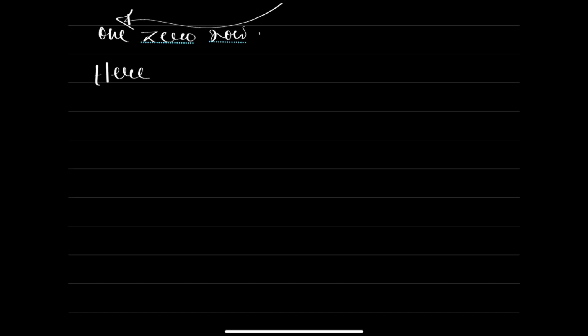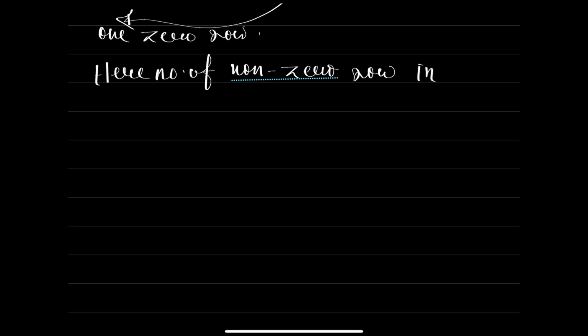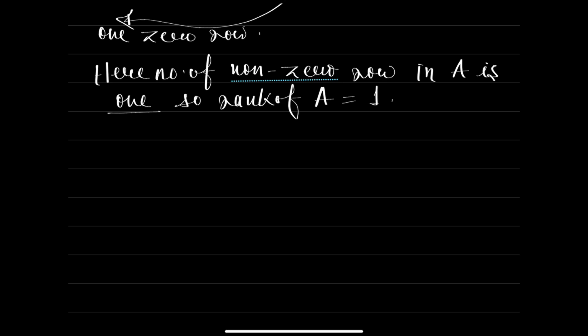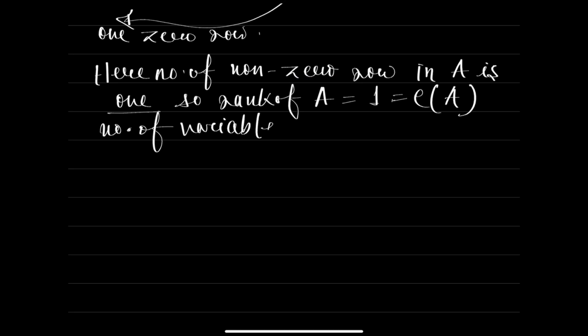Here the number of non-zero rows in A is 1, so the rank of A is 1, and the number of variables is 4, which are x1, x2, x3 and x4.